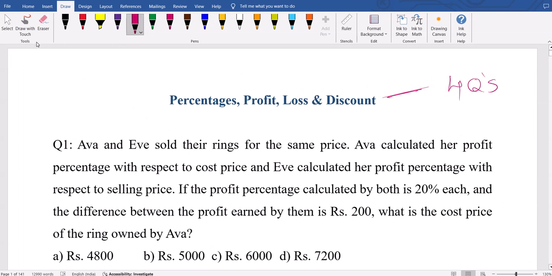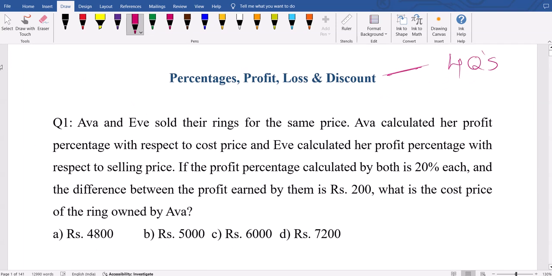Now see the first question here. This question is related to profit and loss, percentage, profit and loss along with discount. We can expect more than 4 questions from this.